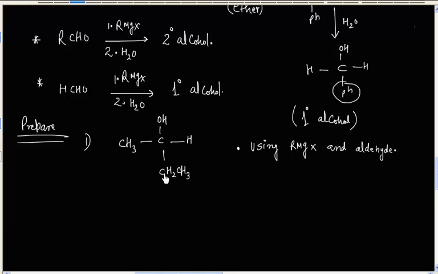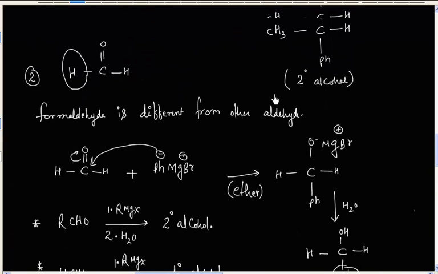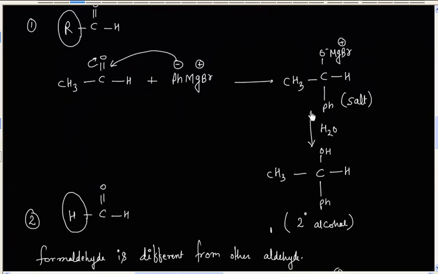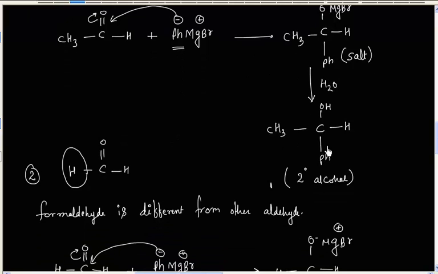Now see, this is a 2-degree alcohol, so we cannot take formaldehyde. Now if you see this reaction here, this Ph part that is coming from Grignard reagent is added here. So if I have a secondary alcohol, there are two alkyl groups attached. One alkyl group is coming from Grignard reagent and another alkyl group is coming from aldehyde.